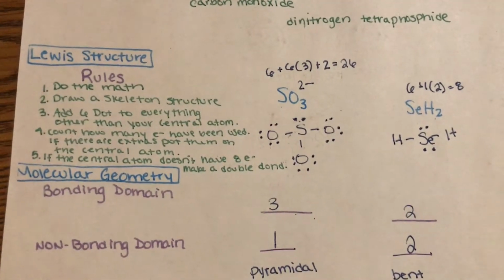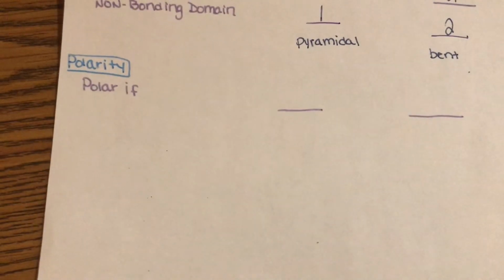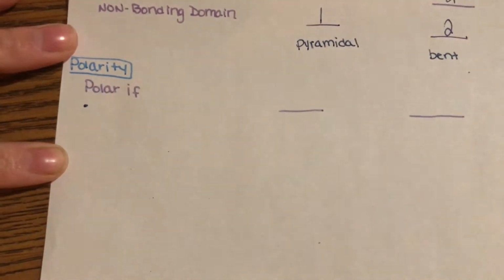And then once we figured out our actual shape, we moved on to polarity. So for polarity, we had some rules of how to figure out if it's polar. So it's polar if any of these cases are met.